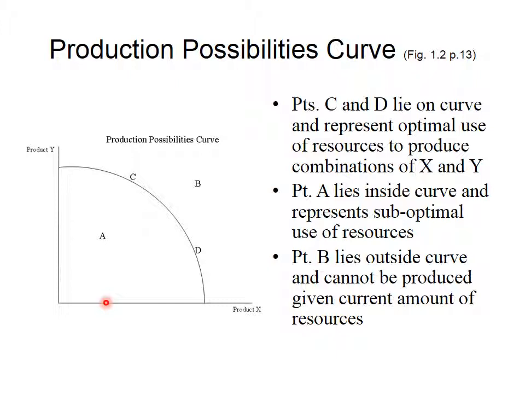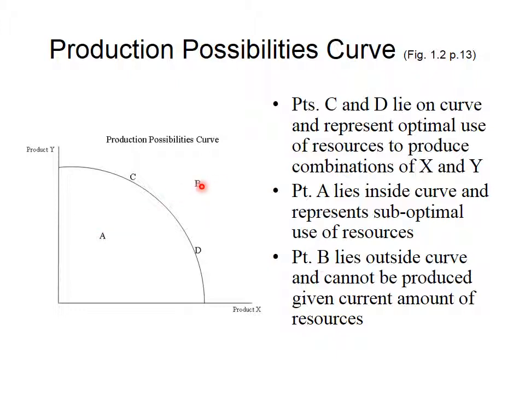So maybe, for example, in macroeconomics, during a time of a recession, when the economy goes into a recession, people stop spending and the economy begins to suffer a negative growth rate, you're in here. People get laid off work, etc. So if I'm not maximizing my resources, I'm producing at point A.